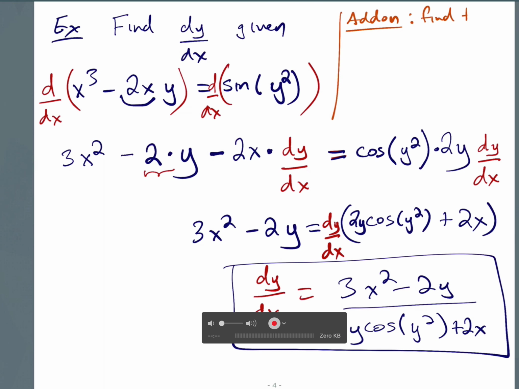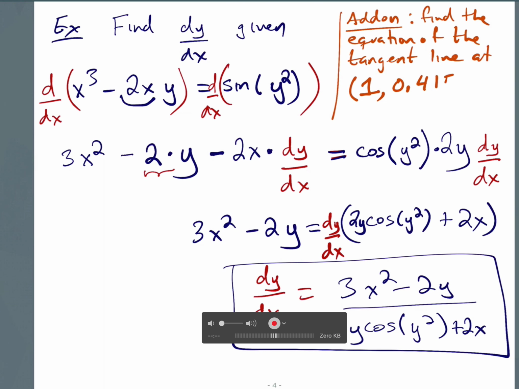Question: find the equation of the tangent line at x equals 1 and y equals 0.415. Okay, if it doesn't work, then that means that I need glasses or something.